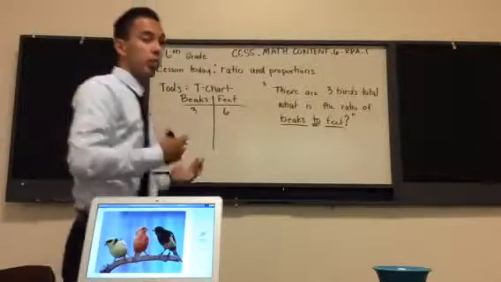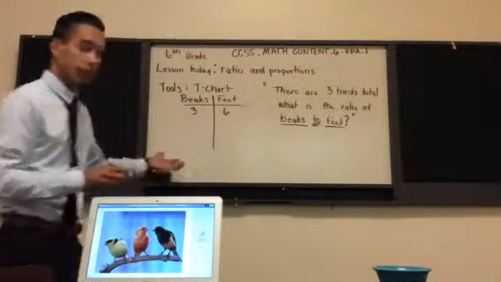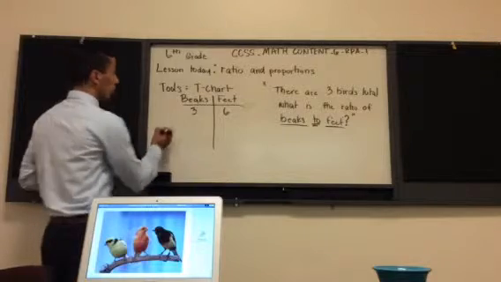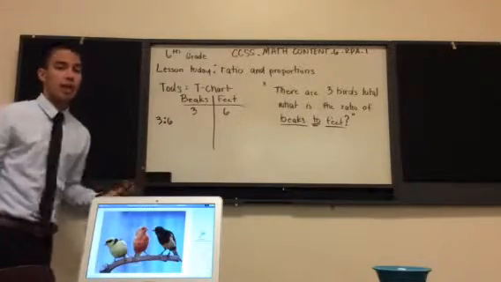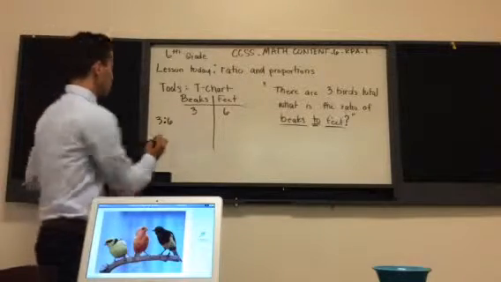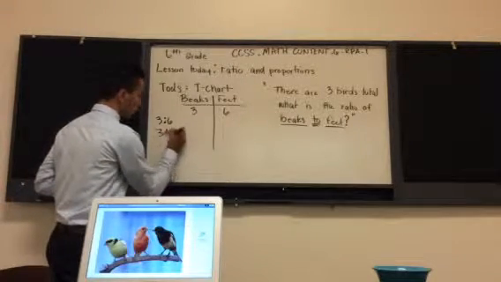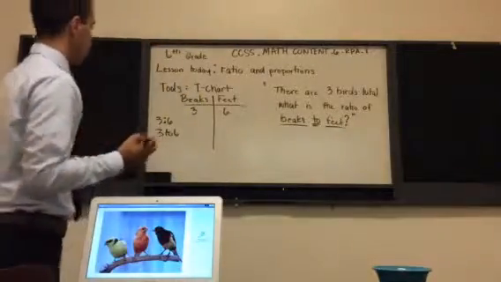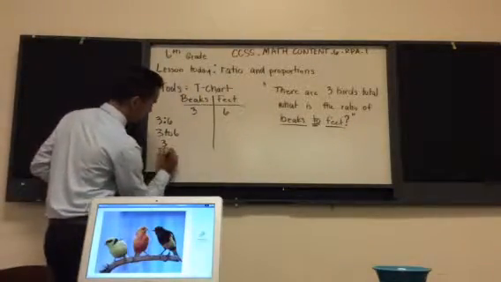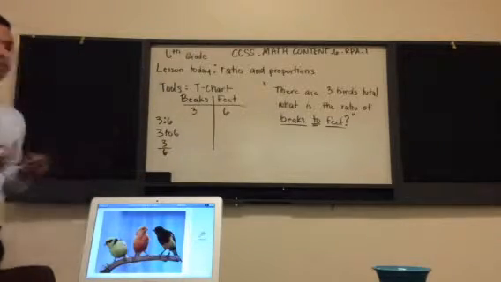If we were to rewrite this with a colon, it would look like 3:6. Let's write it as 3 to 6. Now the third one would be 3/6, so there are 3 beaks over 6.